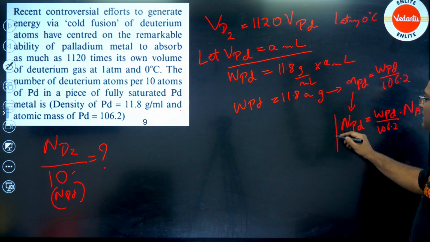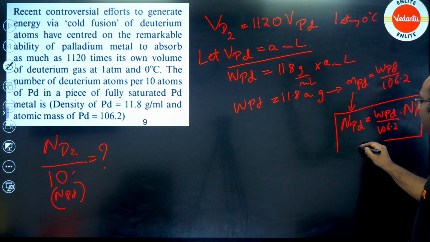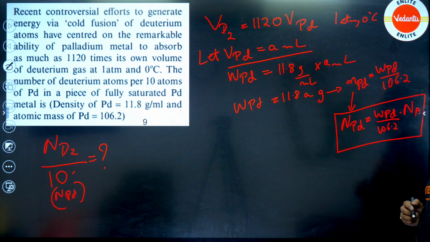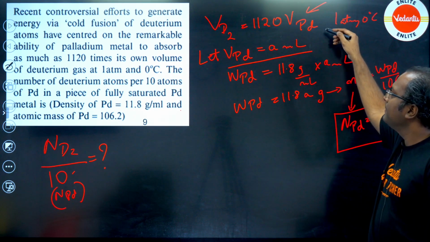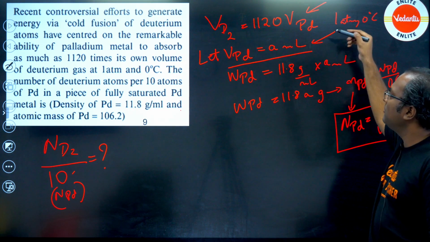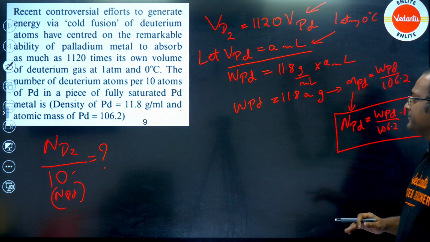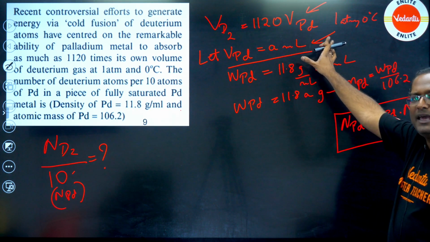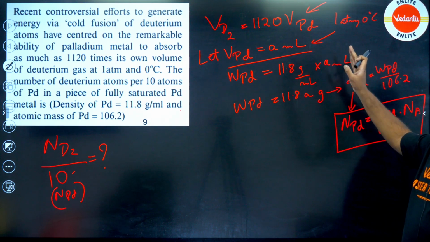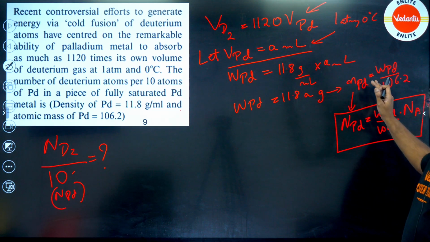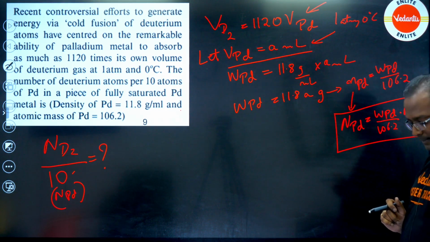So this is the number of palladium atoms that we are looking at in the question. I repeat, I got this relation from the question. I said, let me choose the volume of palladium to start as A ml, and I converted the volume A ml using density, because it's a solid, into weight, to moles, and moles to number of particles.